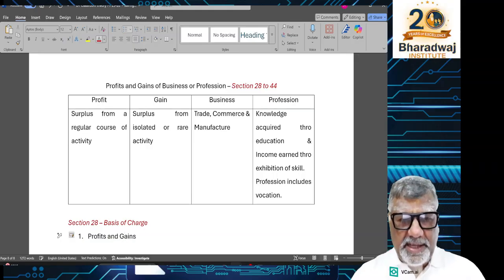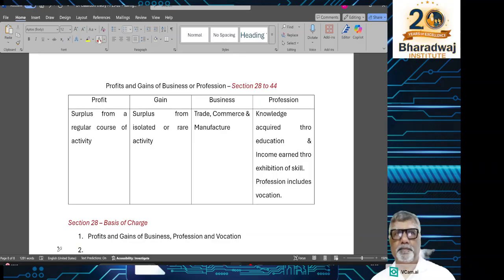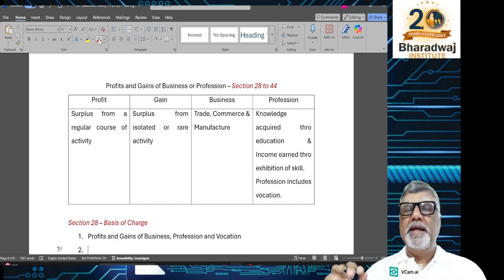Profits and gains of business, profession, and vocation, which we just saw.